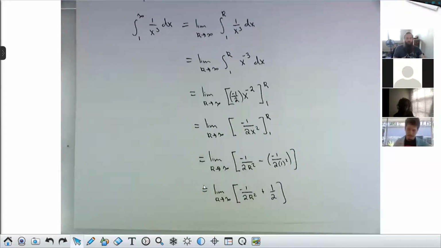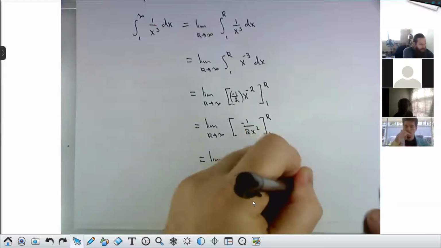So remember back in section 2.6 in the start of Calc 1, when you learned all those rules for limits at infinity? This is why, because that is going to be hugely important here. Not just here, but in every section of the textbook after this. As R goes to infinity, R squared goes to infinity.